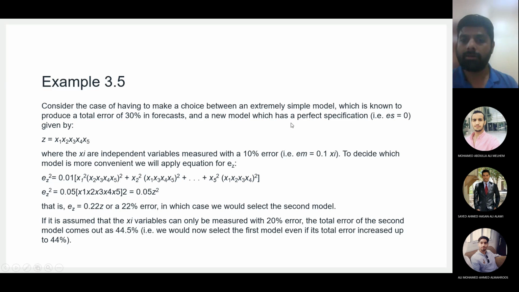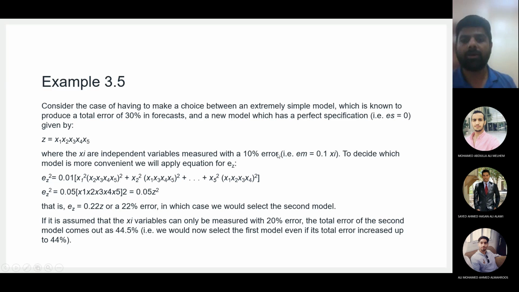And a new model which has a perfect specification. Perfect specification means the ES is almost zero. The specification error is almost zero, and that perfect specification has this form. So it's a slightly complicated model, but it will make ES equal to 0, where xi are independent variables.